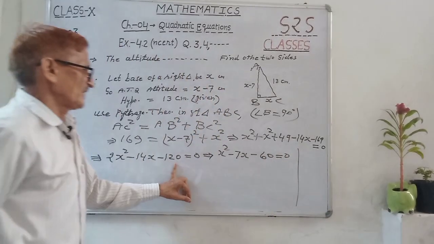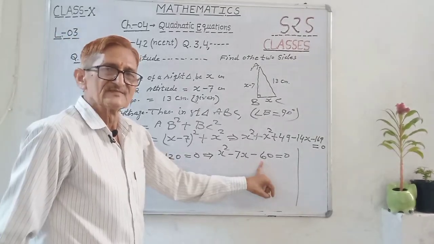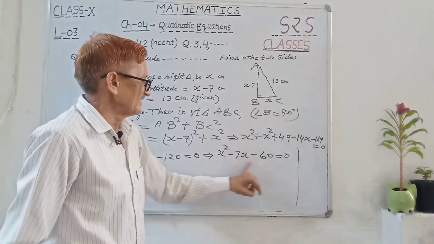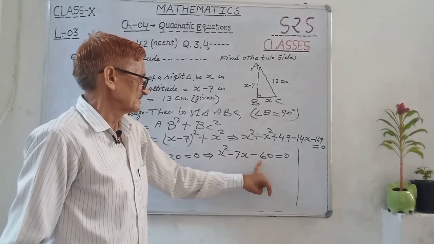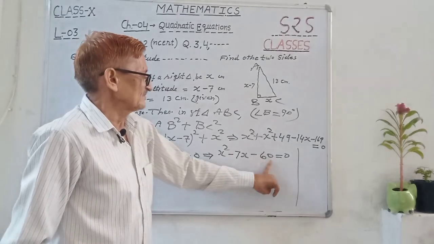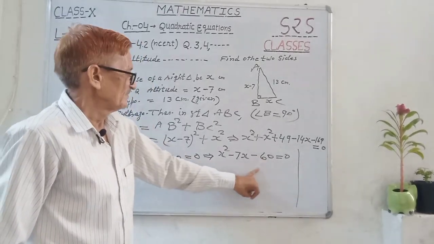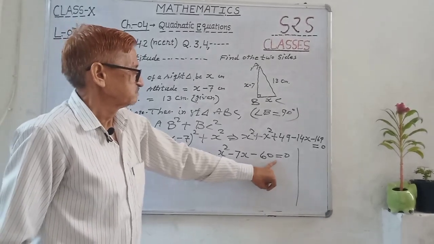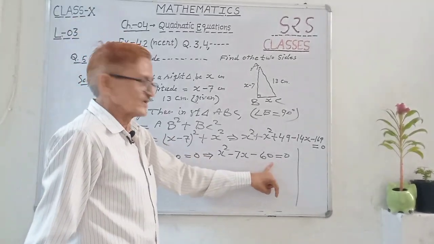Now make two factors whose sum is minus 7 and product is minus 60. One negative, one positive. So what is that? 12 5 ja 60.